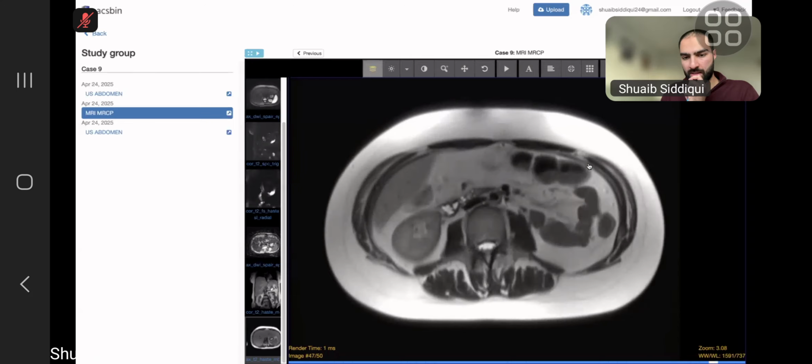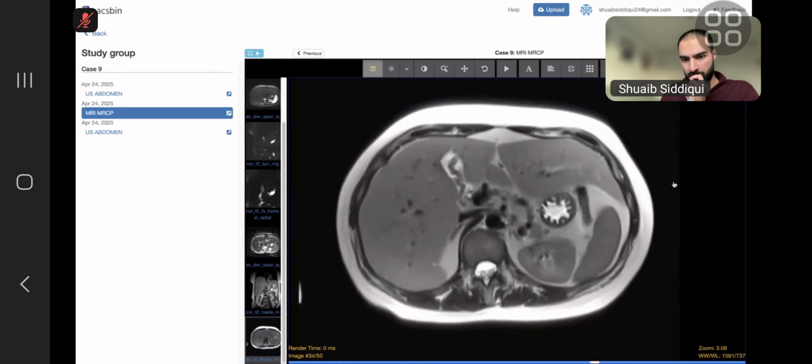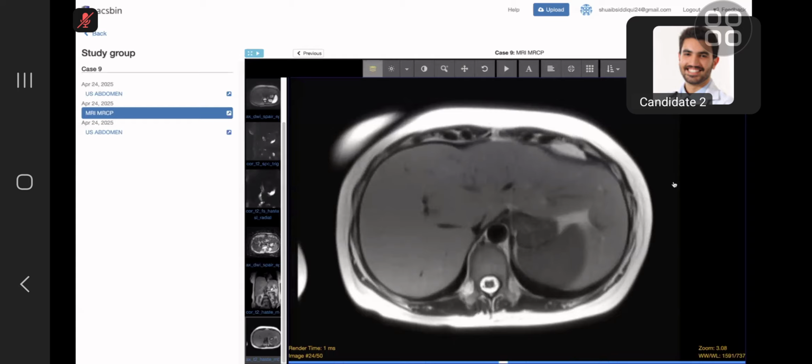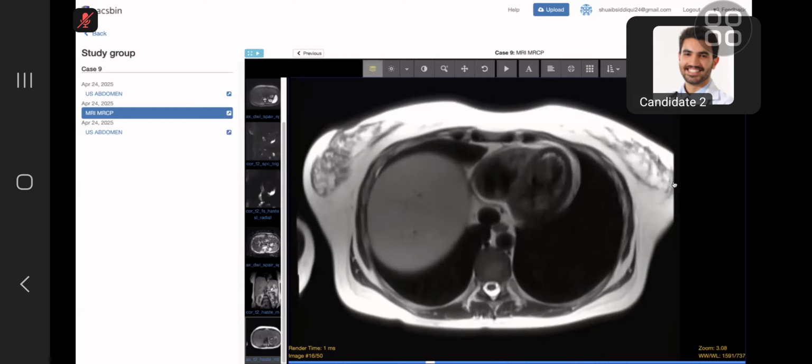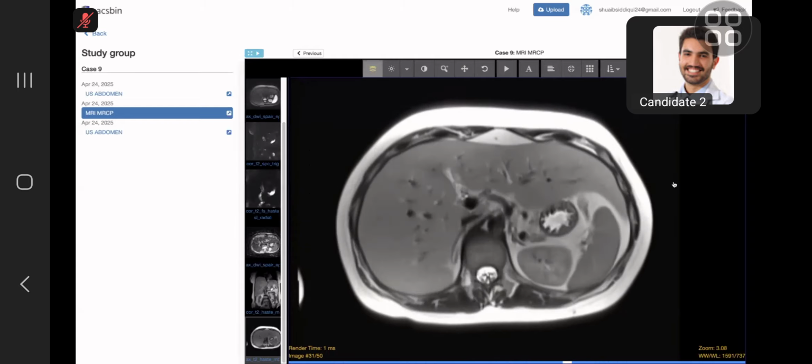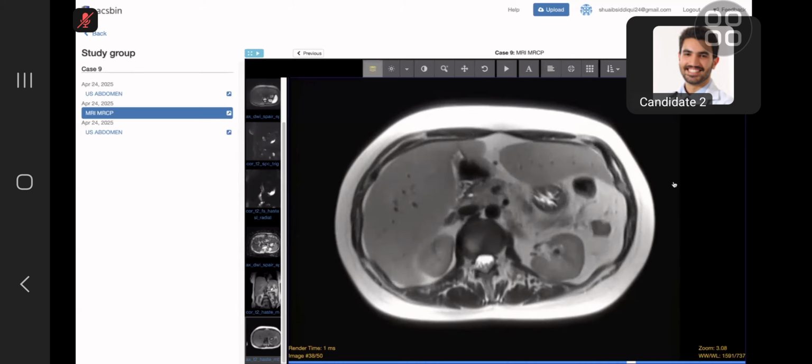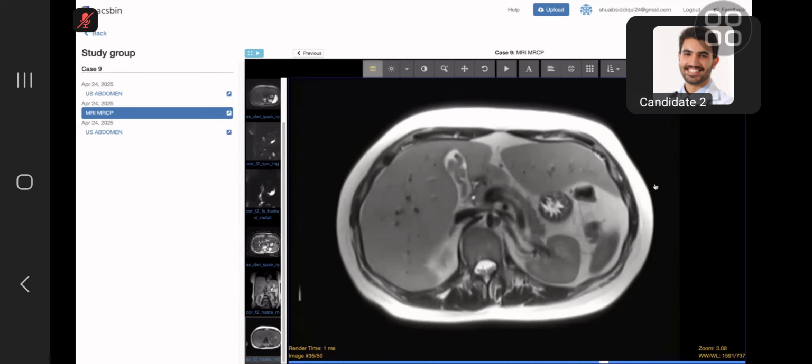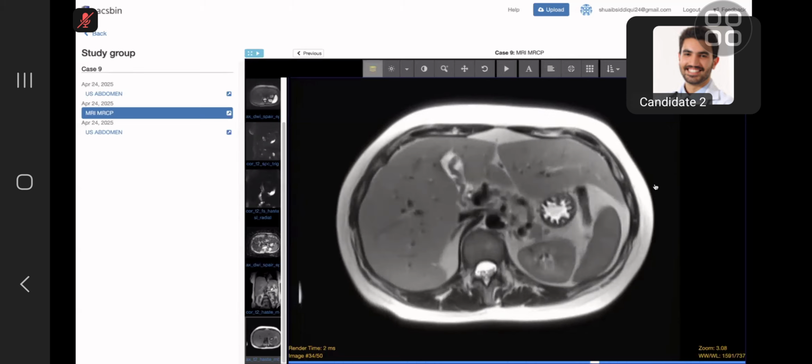Just start presenting. So there is an abnormal linear intensity within the gallbladder.